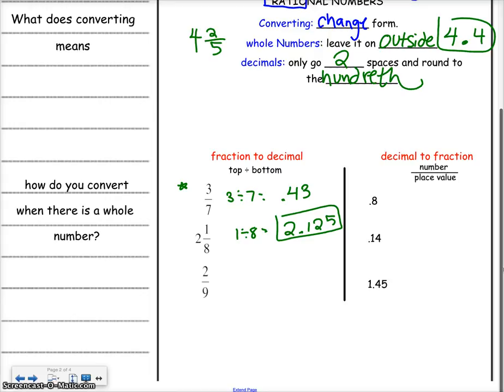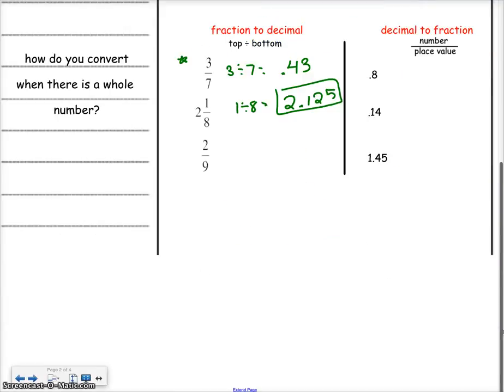When it stops at 3 spots, I go ahead and write that. It all depends. If it keeps going and going, then I definitely round. But if it stops right at that 3rd one, I don't round it.